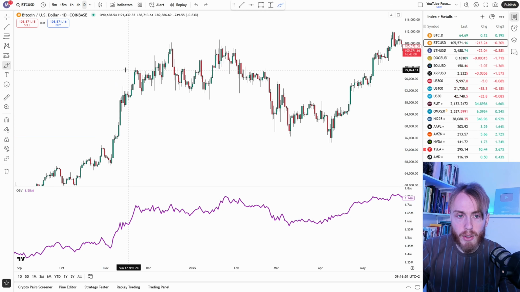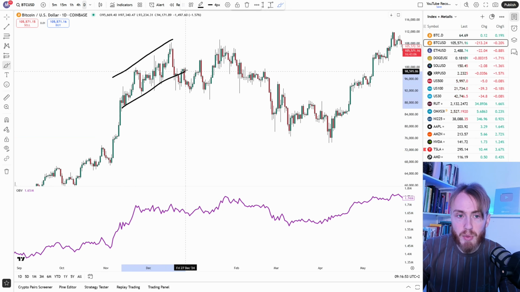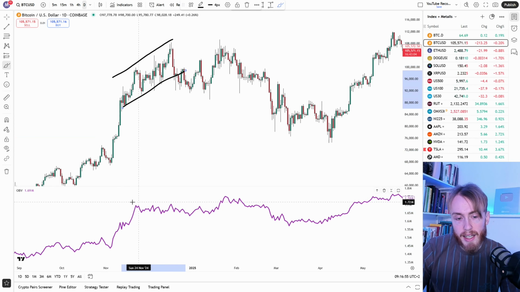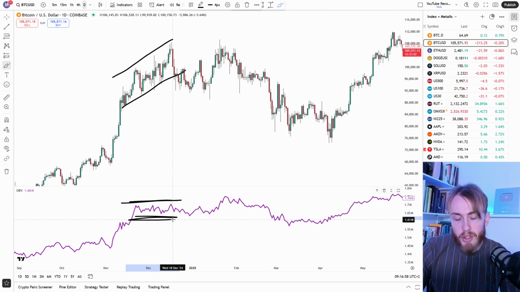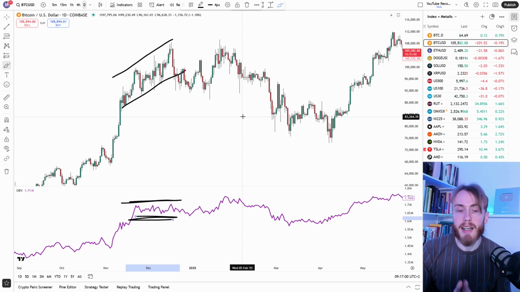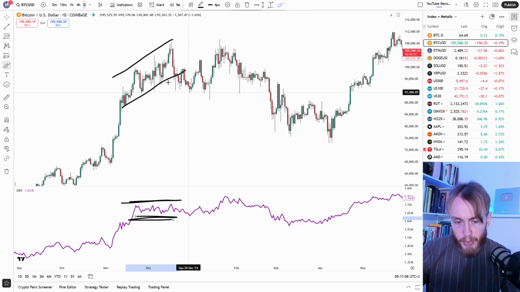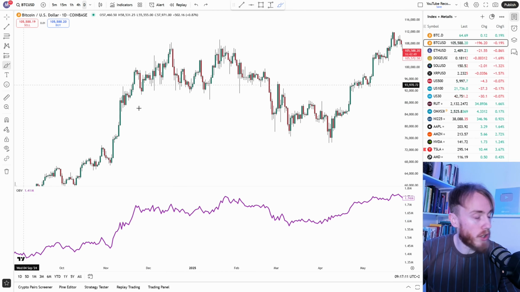However, you can notice right here, the price was still going upright, but the on-balance volume was going more flat. And remember what we talked about earlier, when we see this it can actually be a slight warning sign that the trend might be weakening.